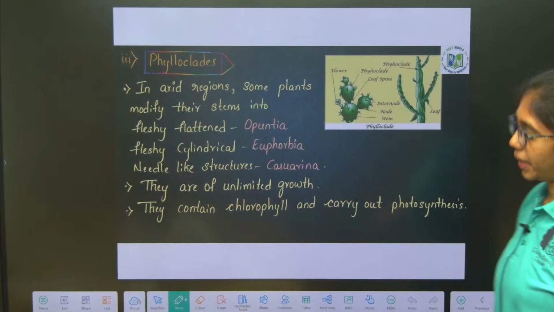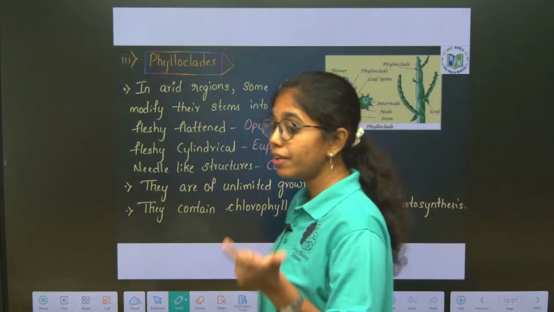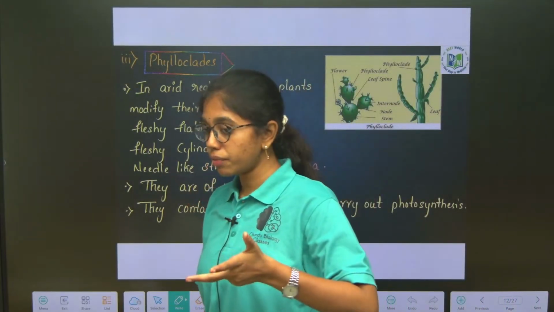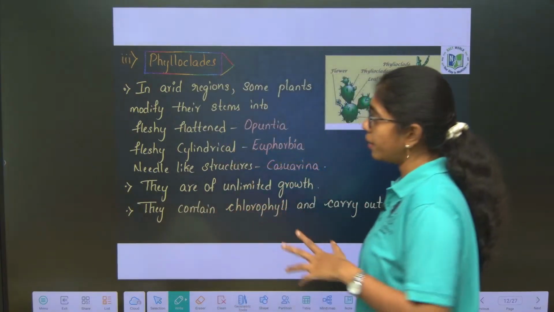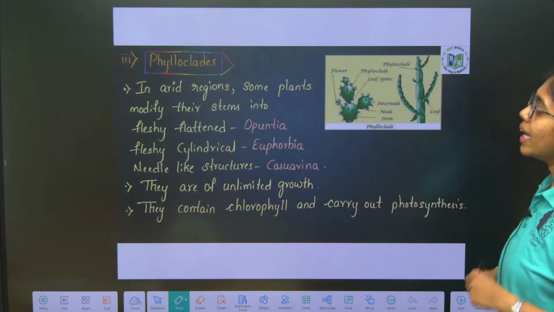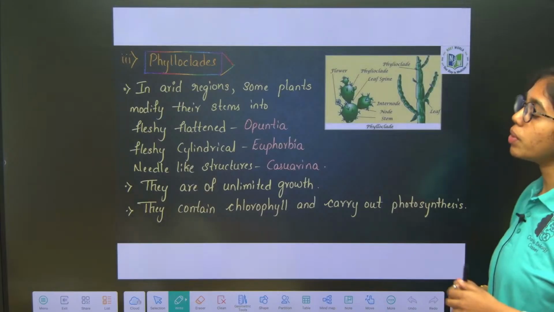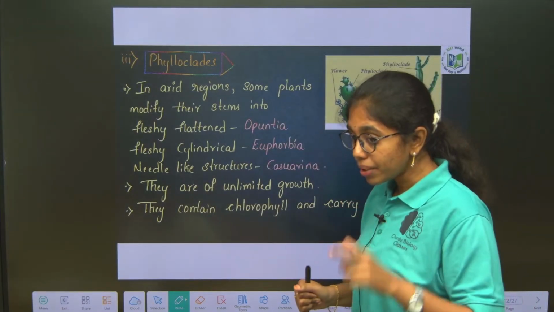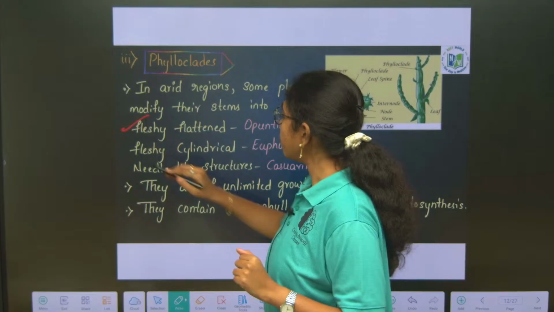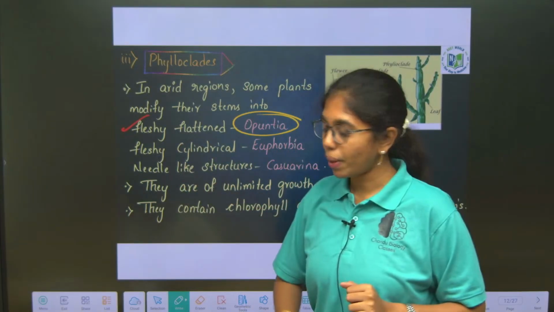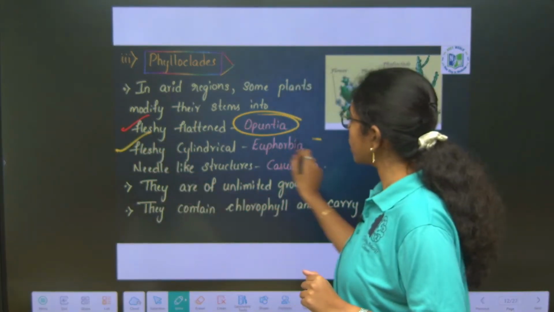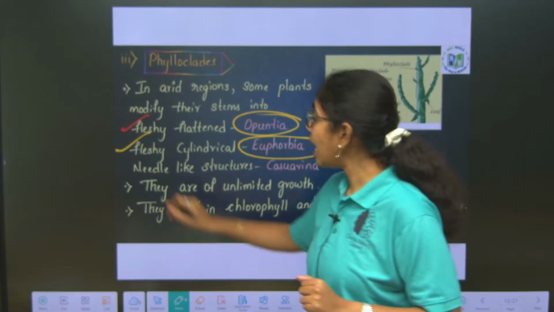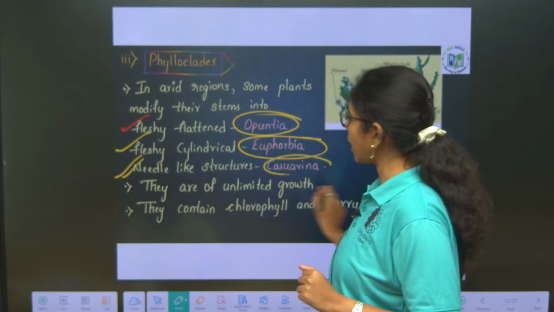Next is phylloclade. Phylloclade, cladophyll, phyllodes: these terms will be a bit confusing, but you have to know that difference. What is a phylloclade? In the arid regions, some plants will modify their stem. The stem is completely modified into a fleshy flattened structure, for example in Opuntia, a fleshy cylindrical structure, for example in Euphorbia, or a needle-like structure in Casuarina.